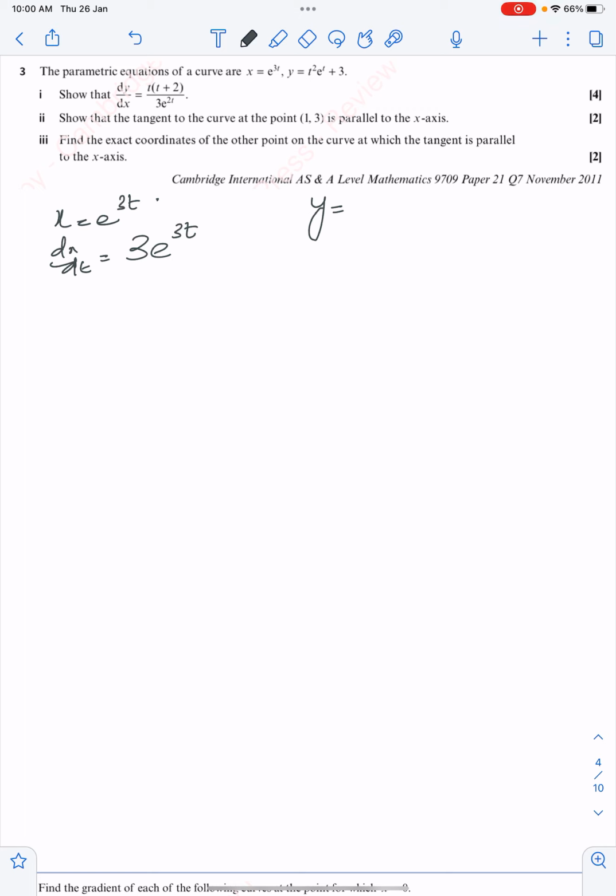Okay, y we know is t square e to the power t plus 3. Now here you have to apply product law because there are two functions being multiplied by each other. So I'm going to apply the product law. dy by dt equals u v dash plus v u dash, plus the differentiation of 3 is going to be 0 because it's a constant.